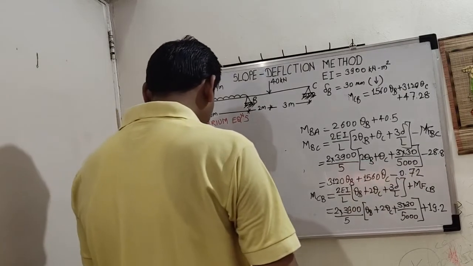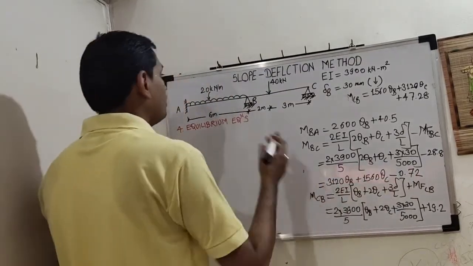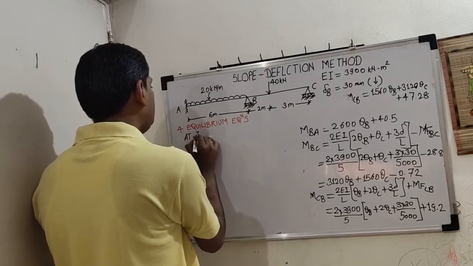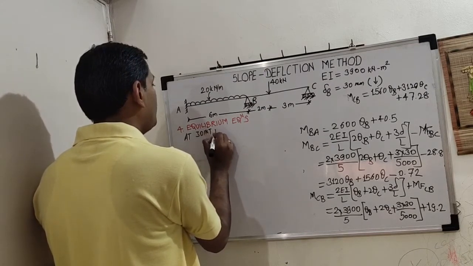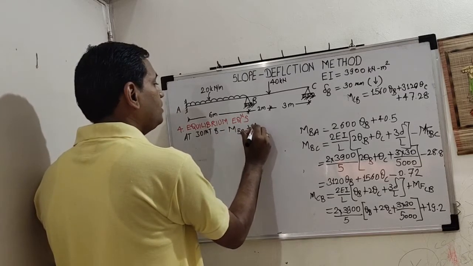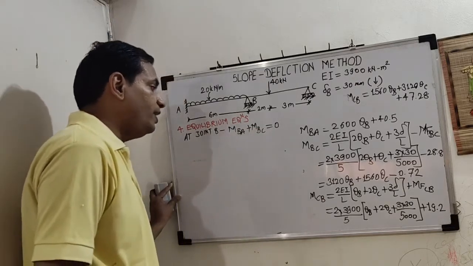What are these equilibrium equations? As per the compatibility condition, one condition will be at joint B. What will be this joint B condition? MBA plus MBC is equal to 0. So we have got all these values.